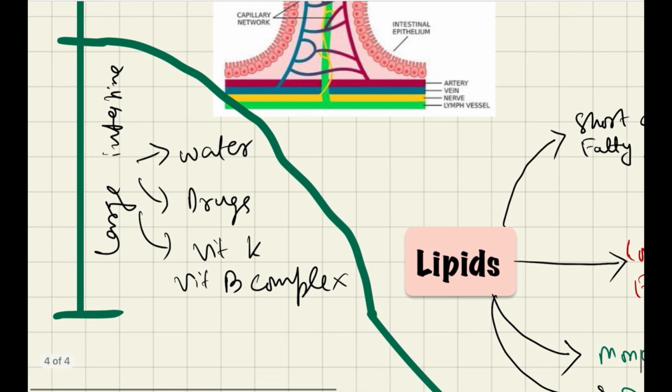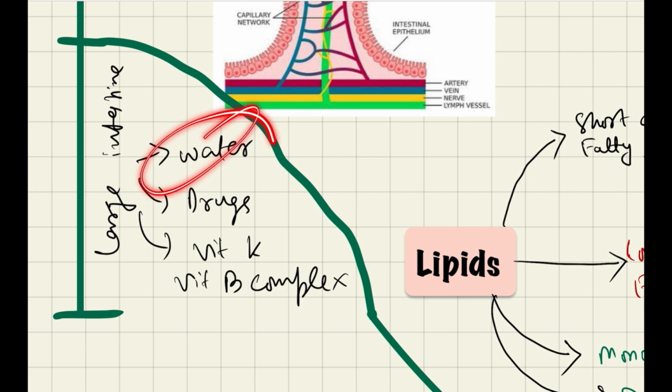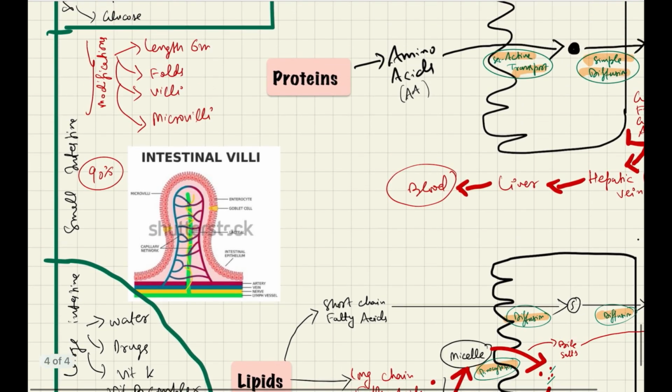Likewise, in the large intestine, various drugs, and vitamin K is important here, because vitamin K and vitamin B complex are produced by various bacteria in the large intestine and absorbed through the large intestine itself. Then water and various drugs are absorbed through the large intestine. So the major chunk of it, which is the small intestine, that we are going to discuss.